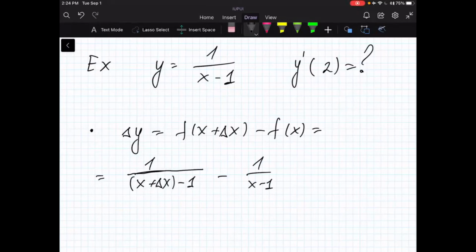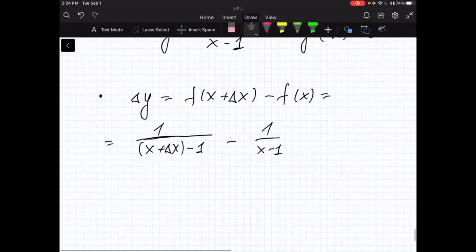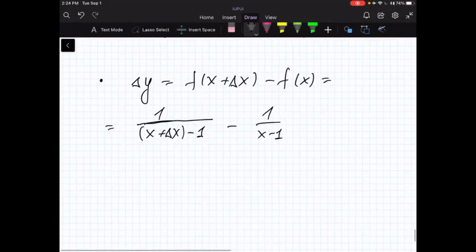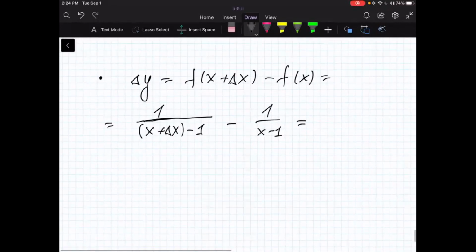But what we can do is use the common denominator technique. So we have 2 fractions, and I want to write them as 1 fraction with the common denominator. That means that I need to multiply the second by the first denominator, and the first one by the second denominator.